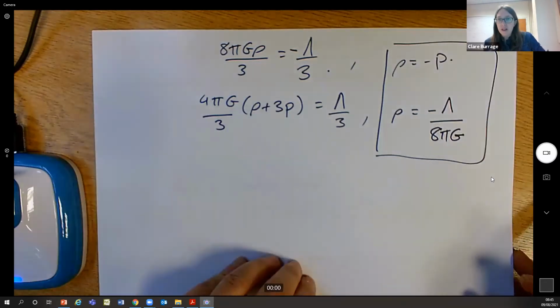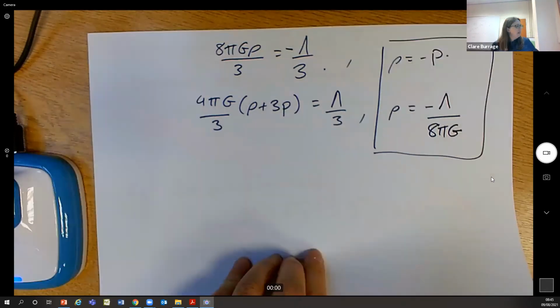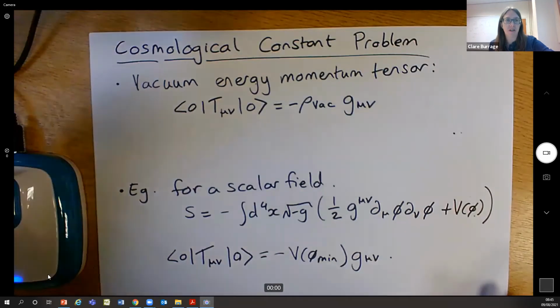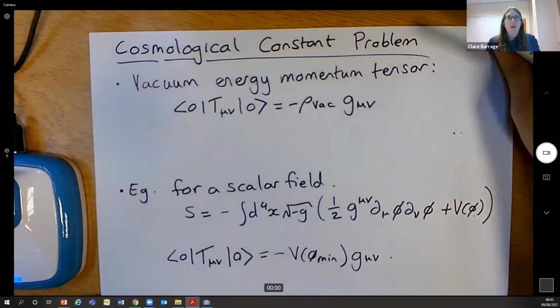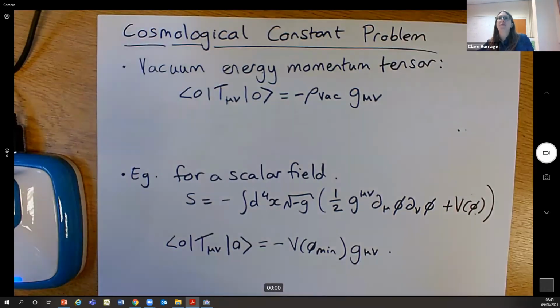Okay, so that's the first point, that matter can look like a cosmological constant, and it's not a priori easy to distinguish between the two. And that is where the problems start coming in.